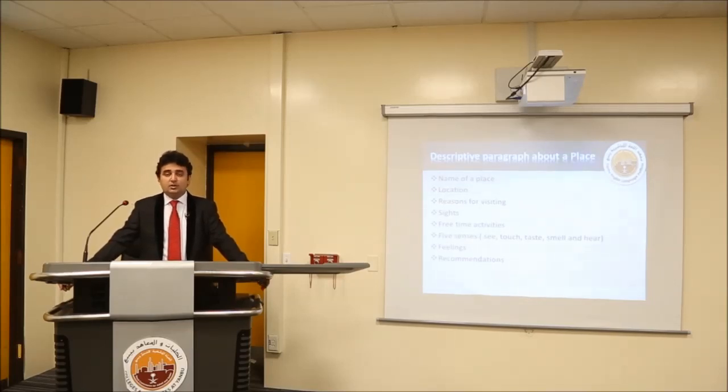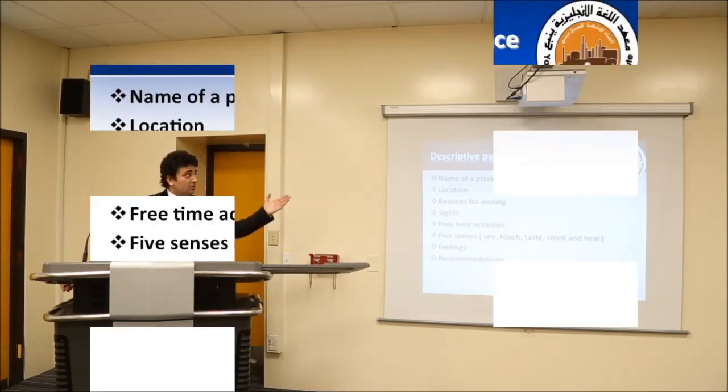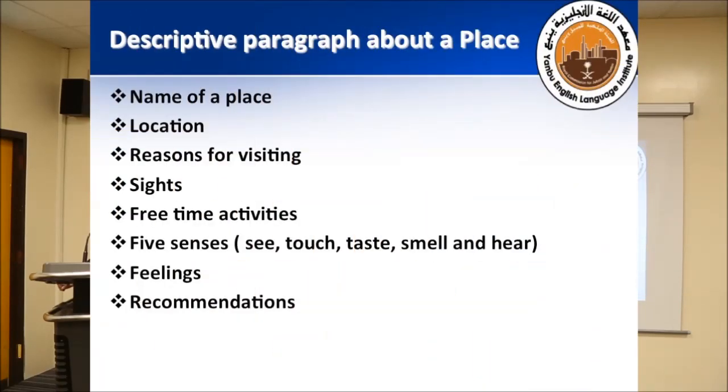As I told you, there are different kinds of descriptive paragraphs. If you look at this slide, I'm going to give you a few tips to write a descriptive paragraph about a place. First of all, you should write the name of the place. You can write about the location of the place, that is, where this place is located.